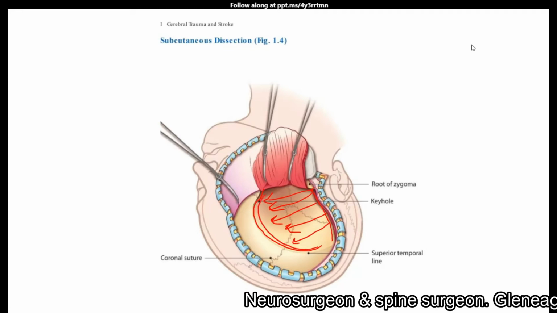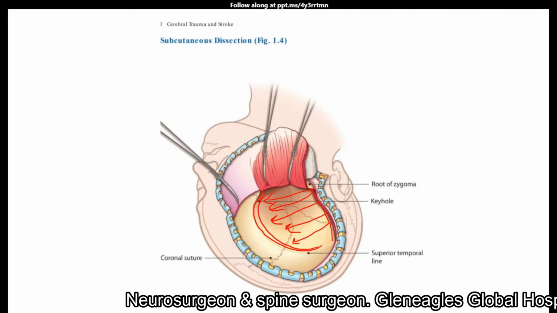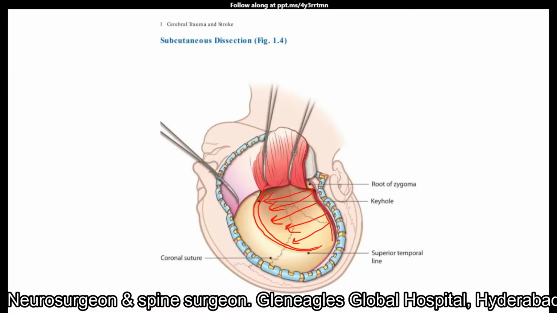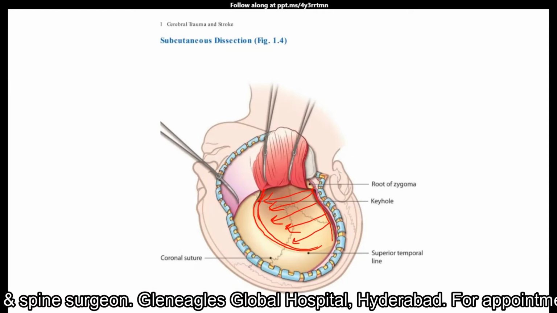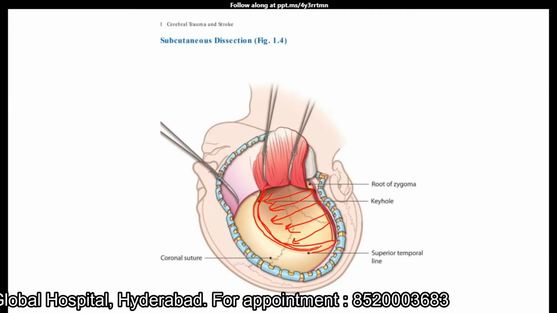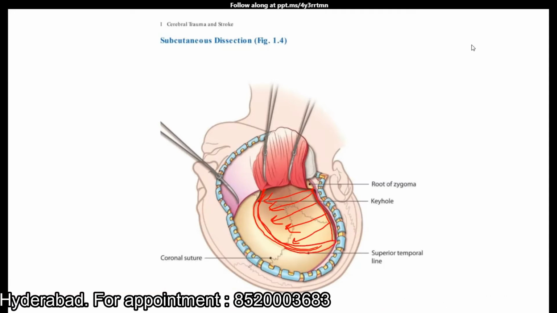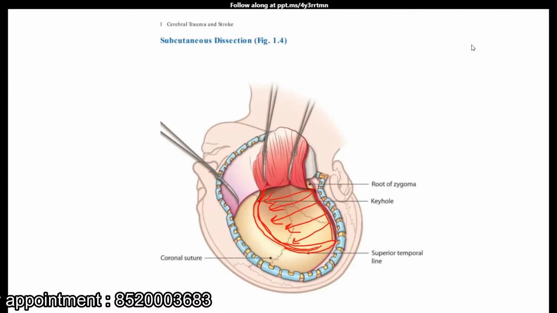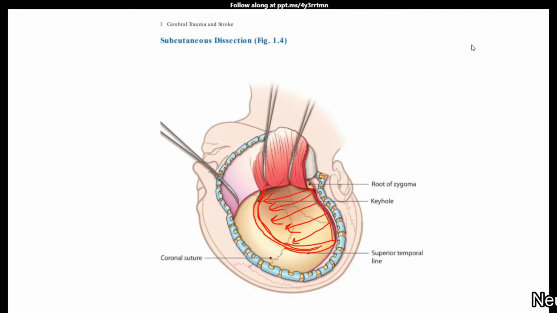Some surgeons prefer to leave a small cuff of muscle attached to the bone flap. If at the end of surgery I replace the bone flap, this helps me in suturing back the temporalis muscle to the bone.